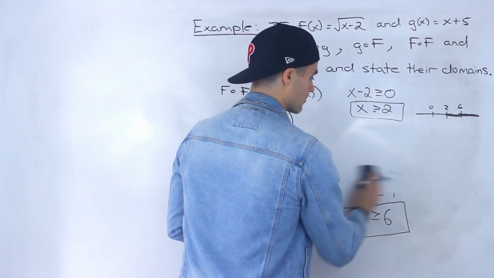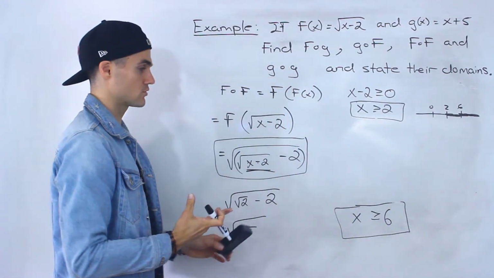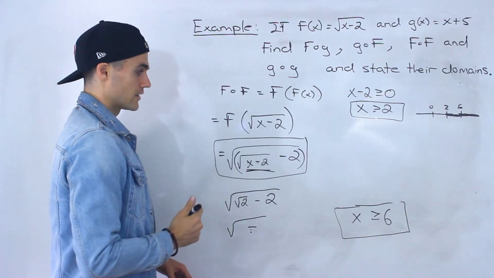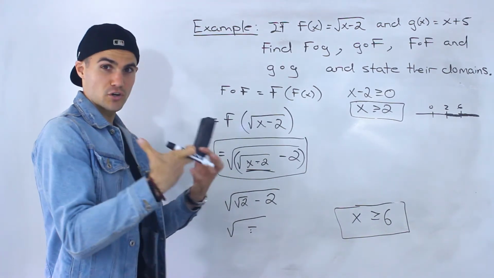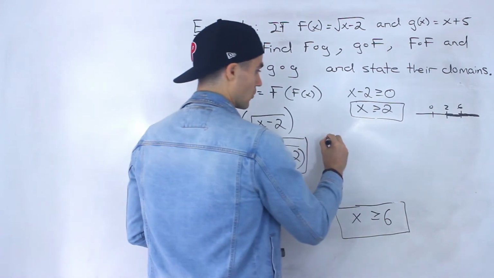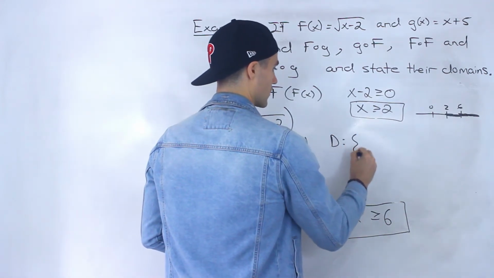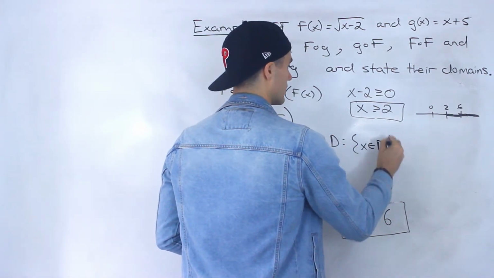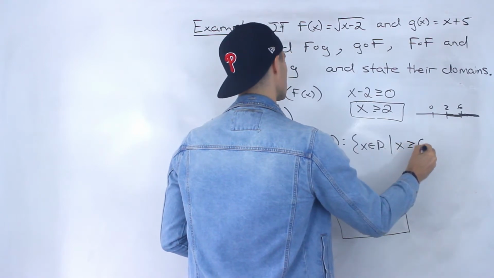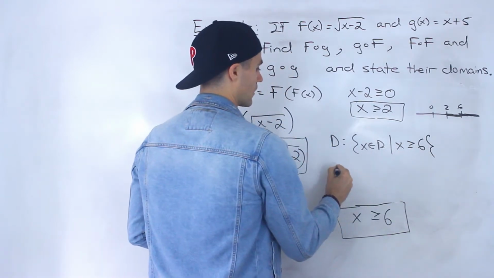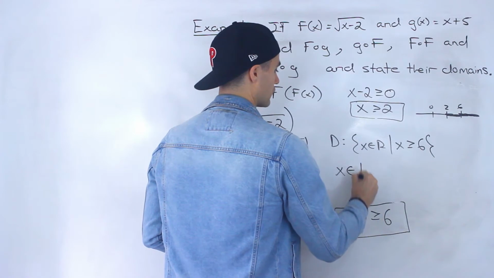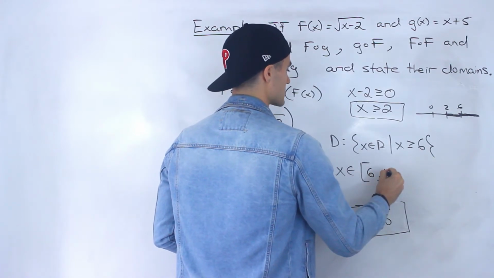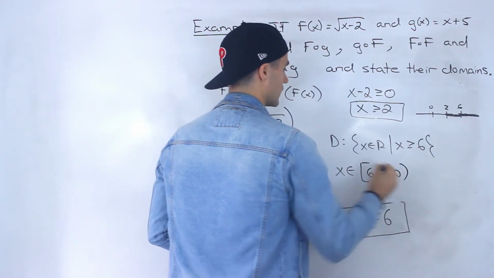And so that's why it's important to look at all the square roots in a certain function that you're dealing with, especially if you're combining square roots. So the domain for this function would be x has to be greater than or equal to 6. Or in interval notation, x is an element from 6 to positive infinity.